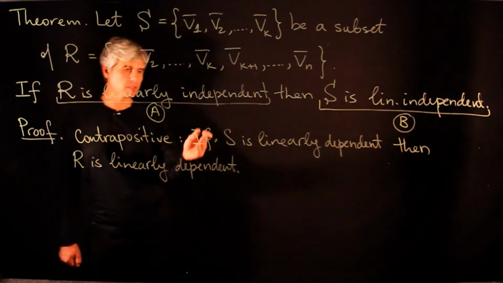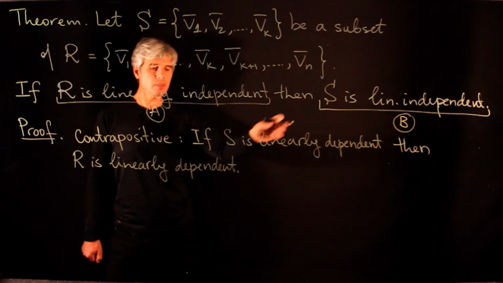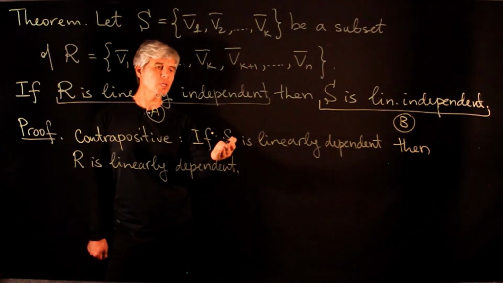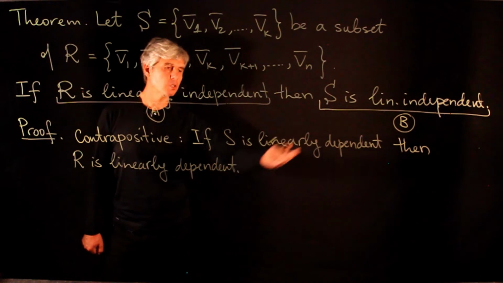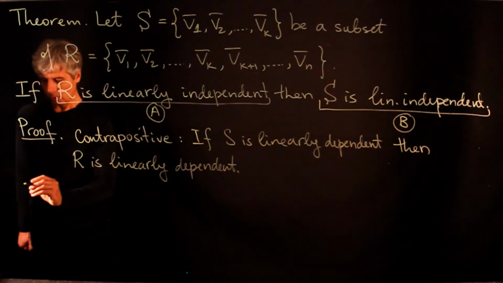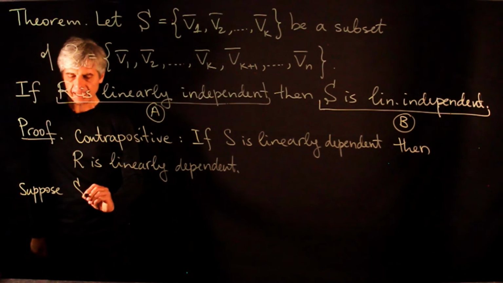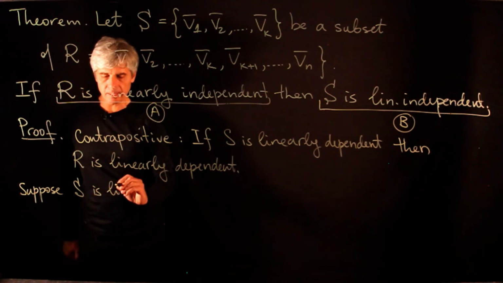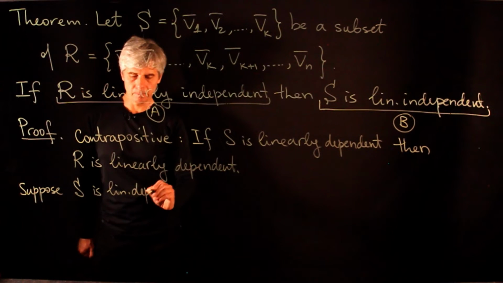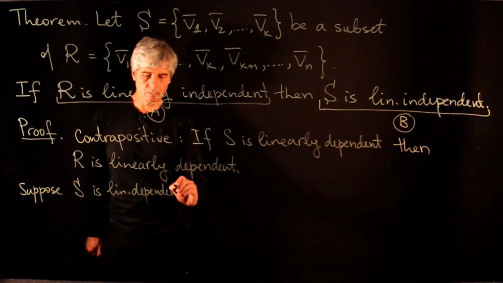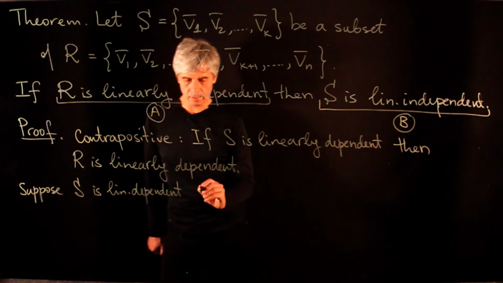Now, let us prove this statement. So how do we prove that? We have if something, then something. So what we do is we assume the assumption of this if statement. Suppose the set S is linearly dependent. What does it mean?